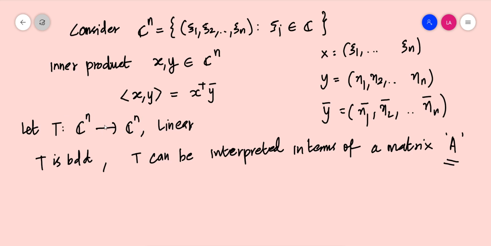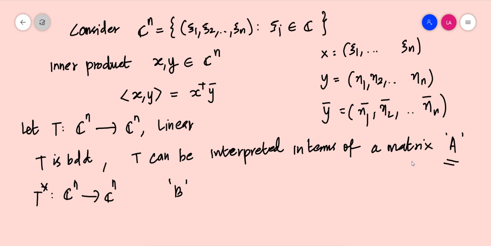Associated with every bounded linear transformation, we have its adjoint T star, which is also a map from Cn onto Cn, and this can also be interpreted in terms of a matrix, let's say B. Since T is linear and bounded, its Hilbert adjoint operator T star is also linear as well as bounded.